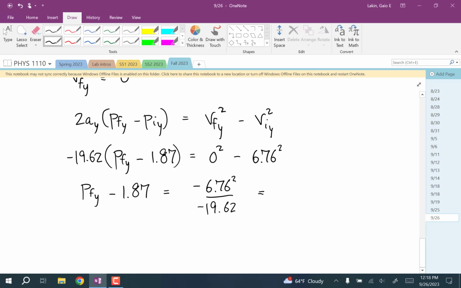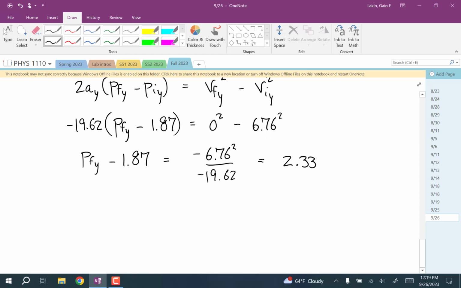45 divided by 19.62. 2.32. Okay, 2.33. And then add 1.87 to both sides. So PFY is equal to about 4.2.